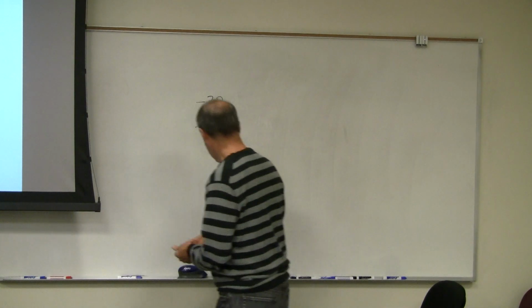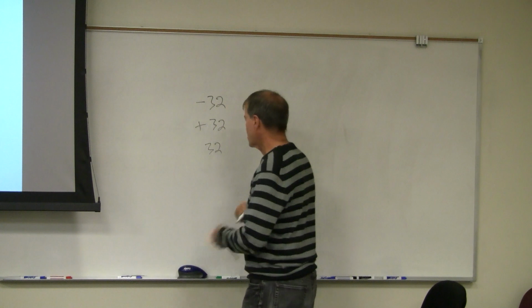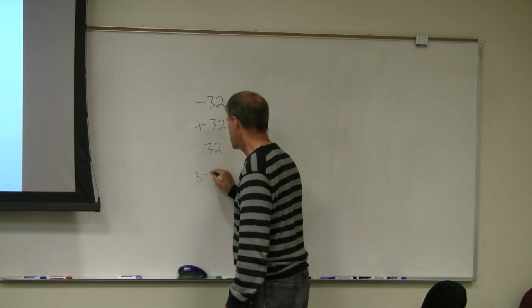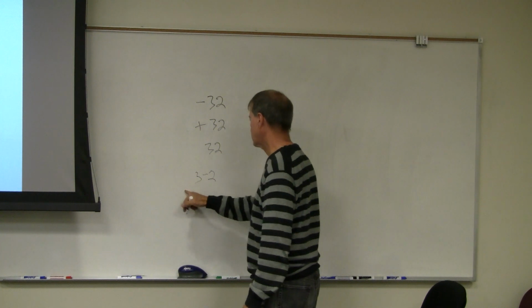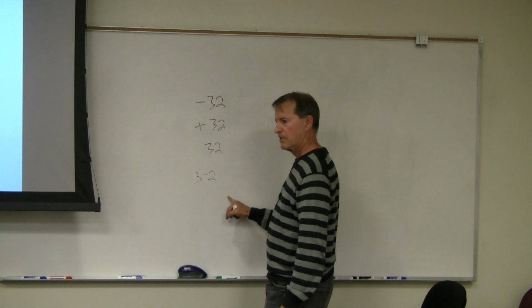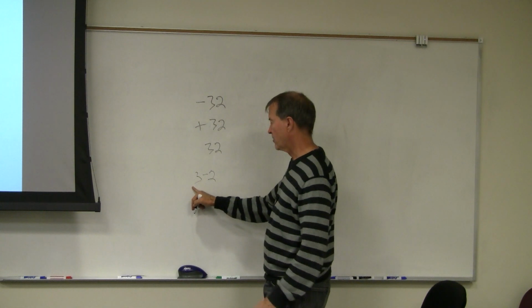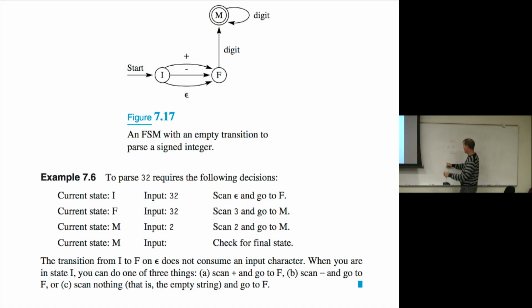Well, no, hold on. What about 3 minus 2? This whole string. What would happen here? You take the empty transition to F, right? The 3 would get you to M, but now you have a minus, and there's no transition on M on a minus.